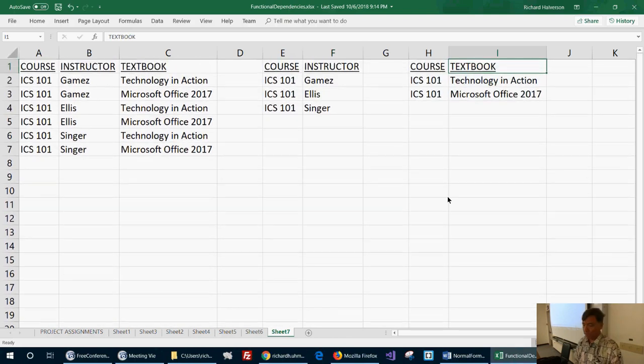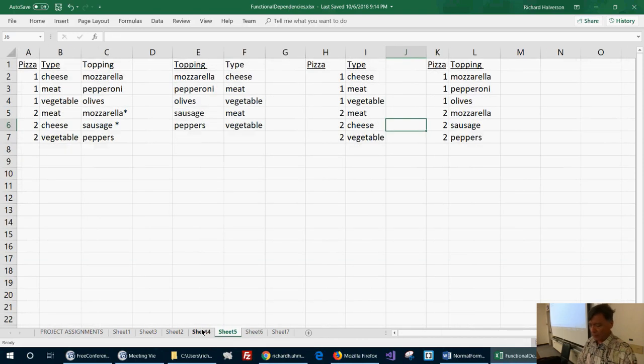All right. And then in these examples, they are in fourth naturally. No, they're not in fourth. These are not in fourth.